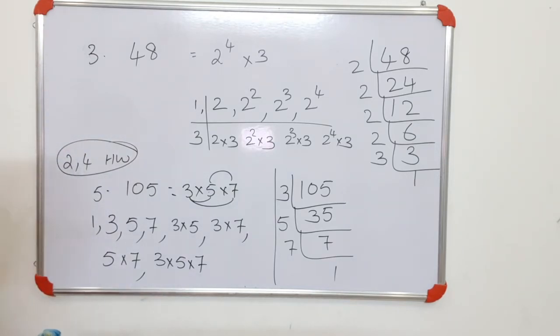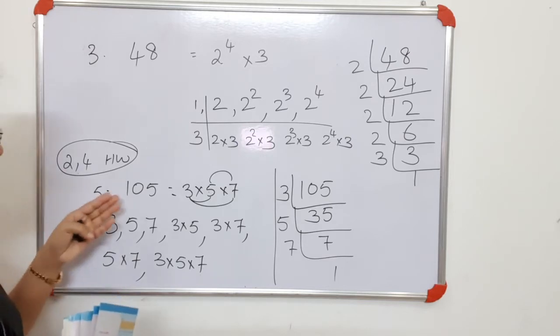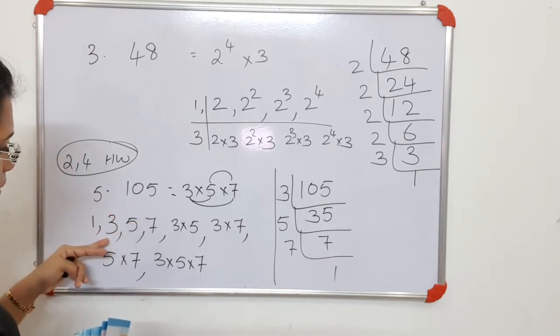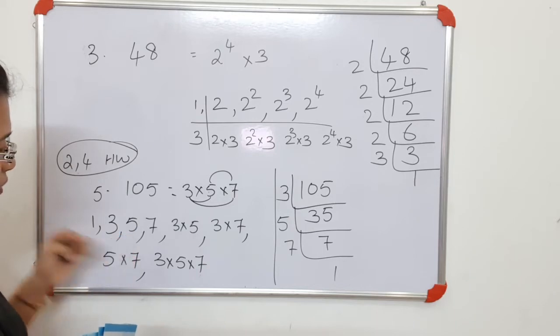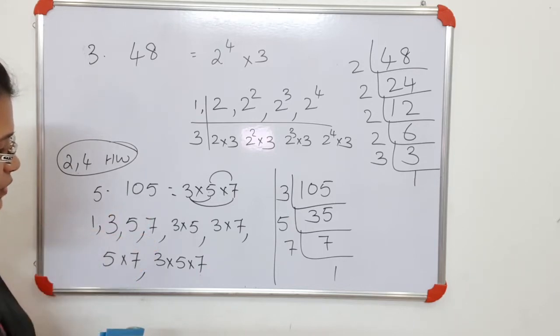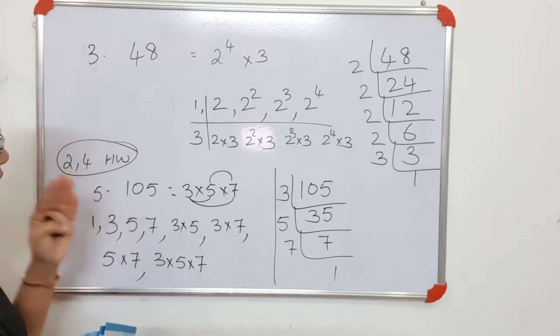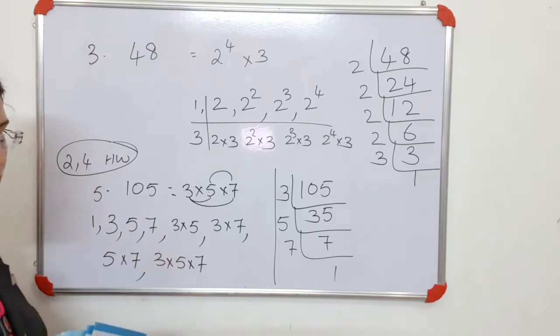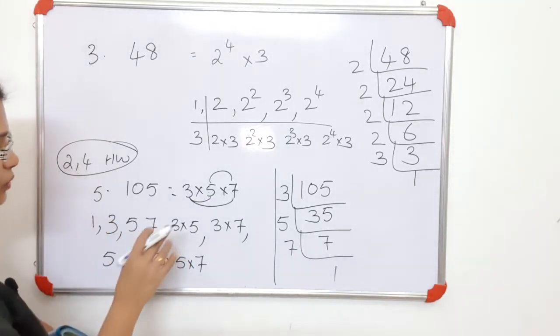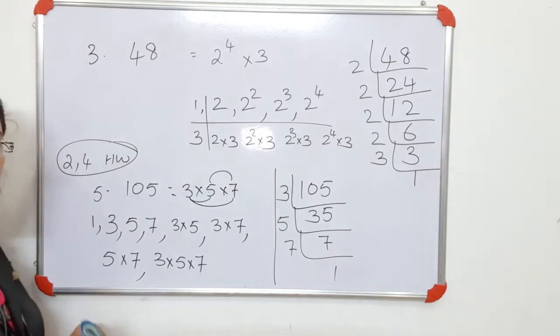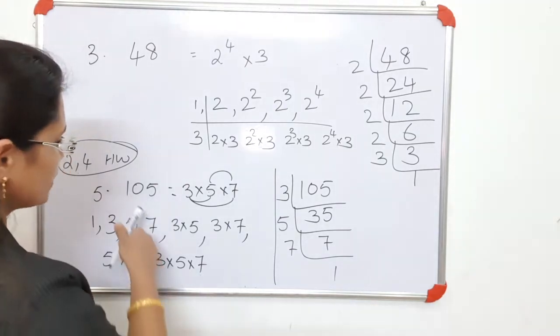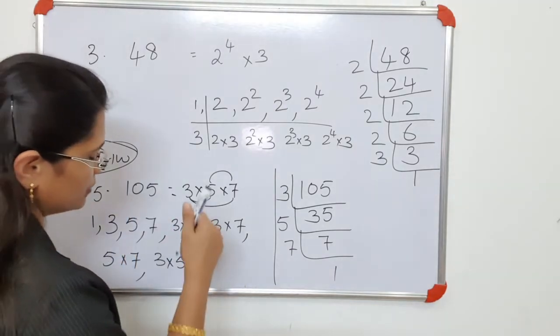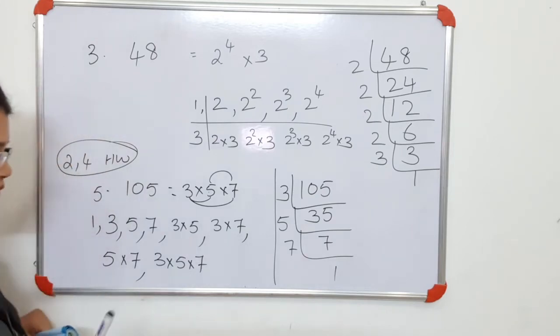So 1 is a factor of every number. 105 is divisible by 3. 105 is divisible by 5. 105 is divisible by 7. And 105 is divisible by 3 into 5. That means divisible means if you divide, you will not get any remainder. That means remainder is 0. And then 105 is divisible by 3 into 7 is equal to 21.